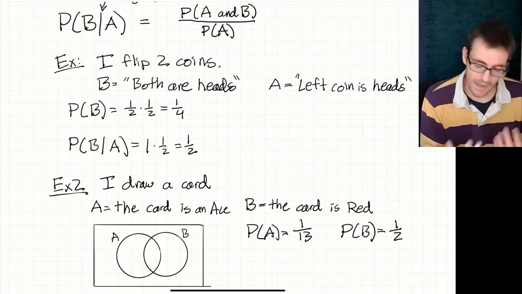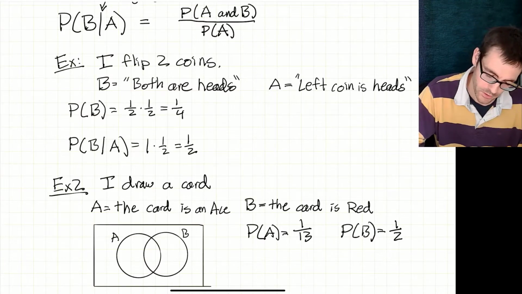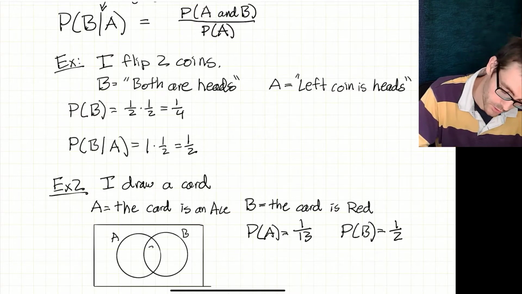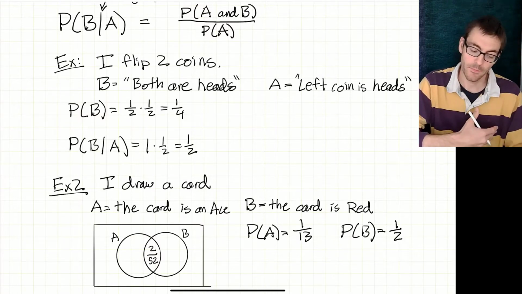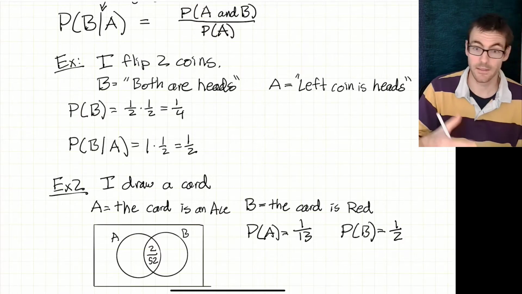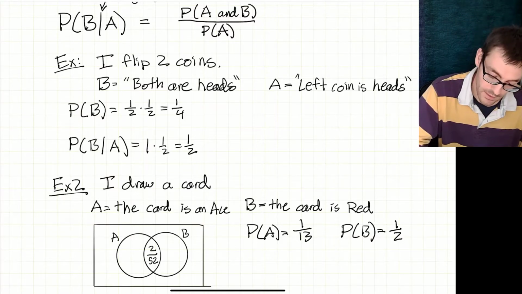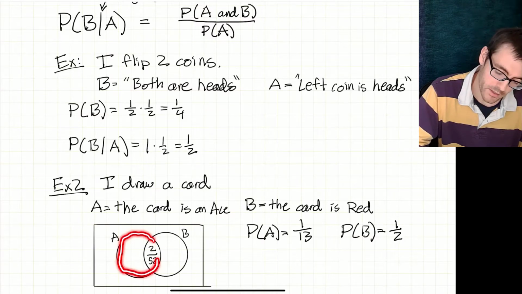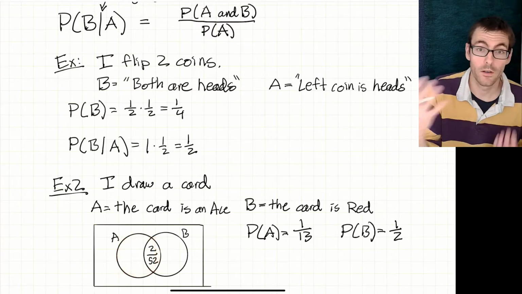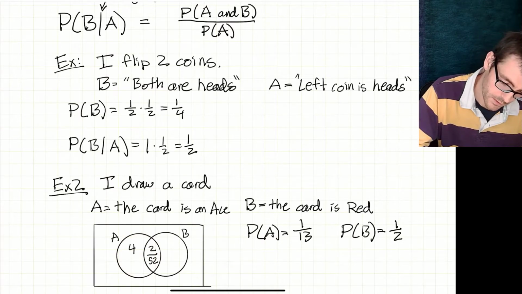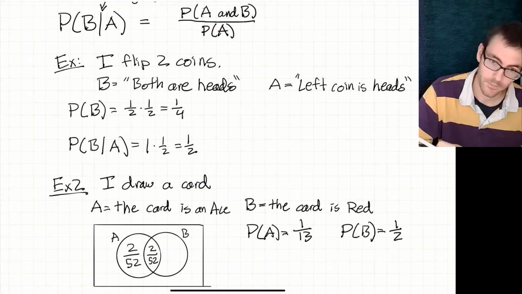There are a couple ways we can go about filling this in, but let's just say that working with 52nds, there are 2 ways that the card is both red and an ace. And then since there are a total of 4 ways that the card is an ace, there are 4 aces, the total number here should be 4/52, which means that the number that goes in this slot is not 4, it's 2/52.